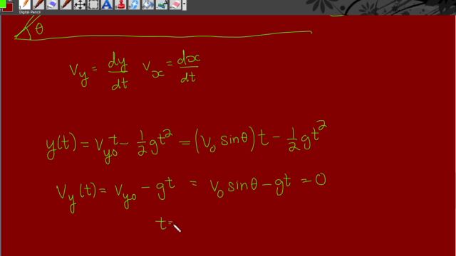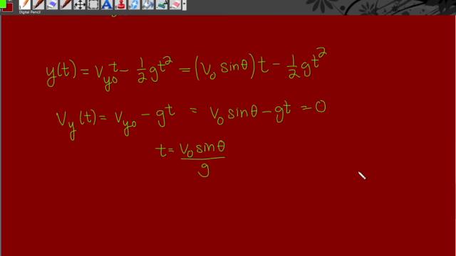So we get that t is equal to v naught sine theta over g. All we have to do now is plug it back into the position equation to find the maximum height.